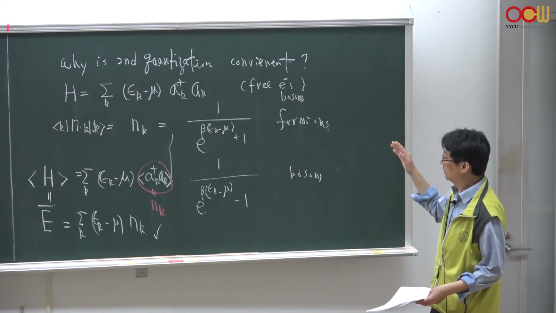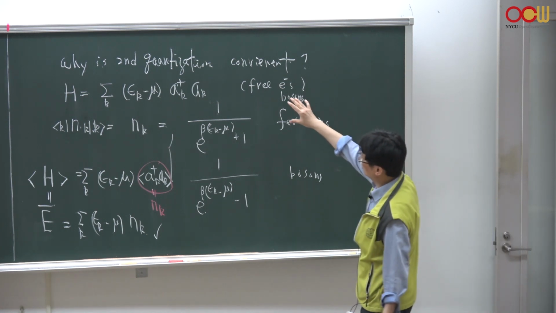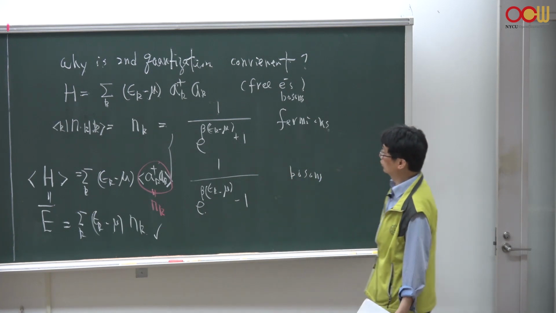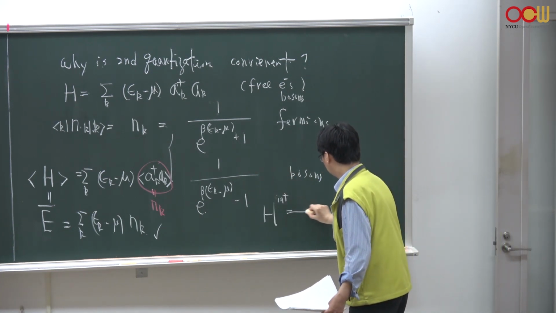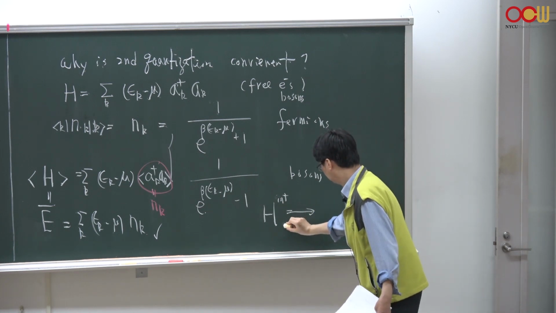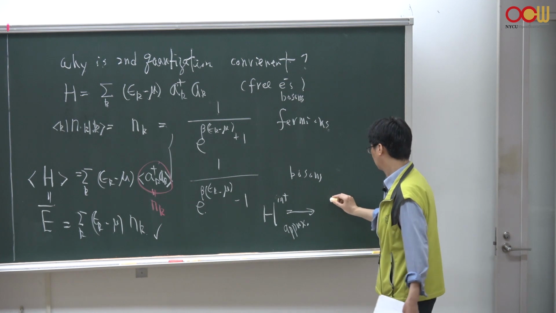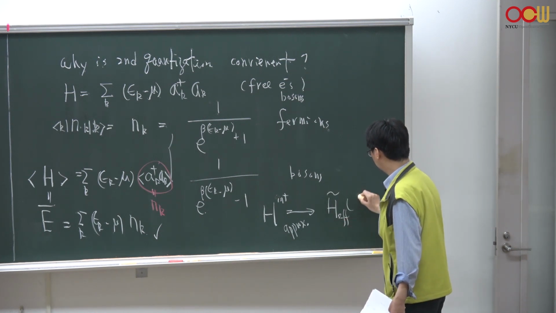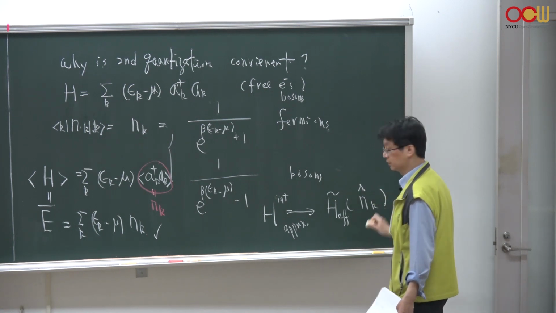And even in the presence of an interaction, say Coulomb interaction, the second quantized fields are also very useful because we can rewrite this Hamiltonian by using some approximations in terms of operators which are also functions of the number operator, n of k.